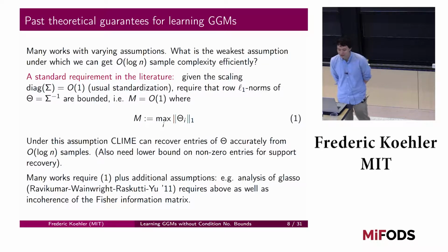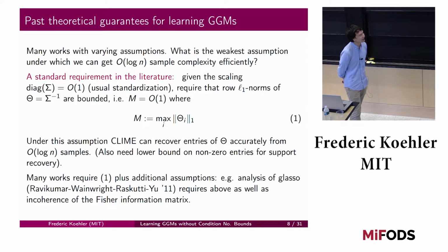Okay, so there has also been a lot of work on the sample complexity guarantees for learning Gaussian graphical models. I'm not going to try to survey every result. But if you start to read these papers, you'll realize that there's a very common assumption, which looks pretty reasonable at first sight.